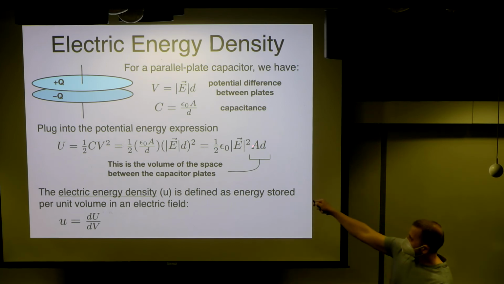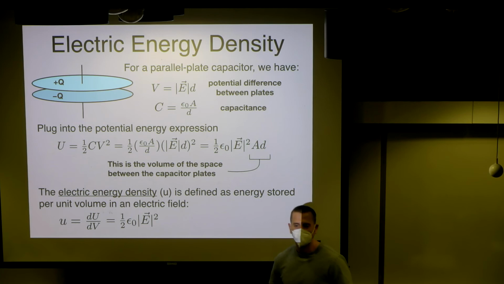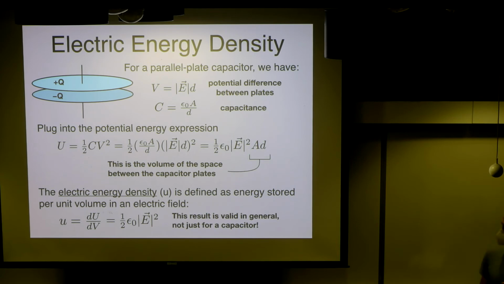But like I said, if we take this formula up here for the energy stored in a capacitor, and we divide out the volume part, we're just left with this part. And that gives us 1/2 epsilon naught times E squared. Okay? So again, I want to emphasize this. Although we looked at a very special case, a parallel plate capacitor, to get to this result, the result itself is perfectly general.